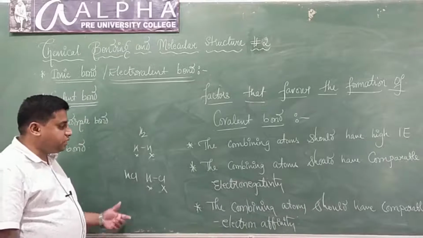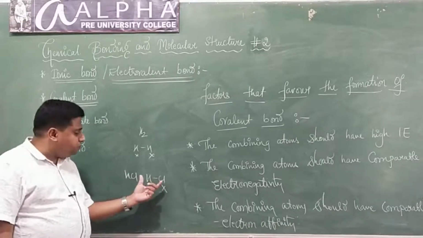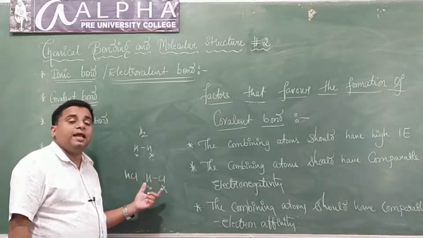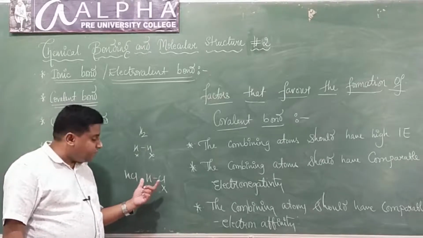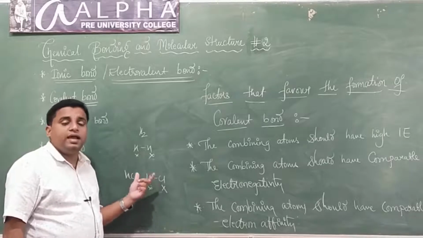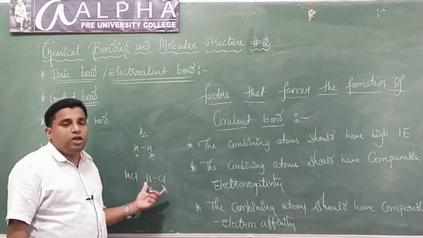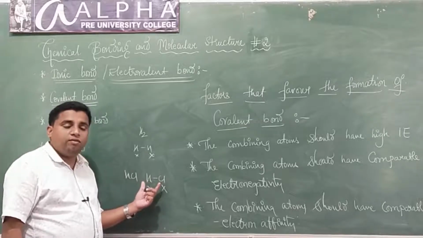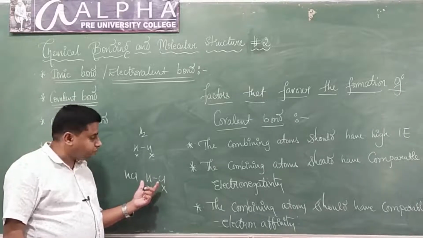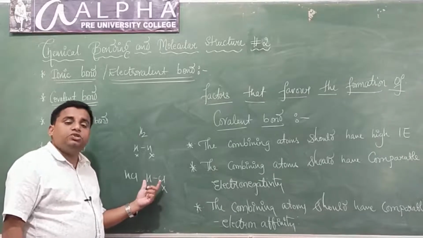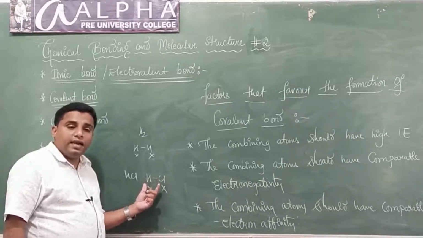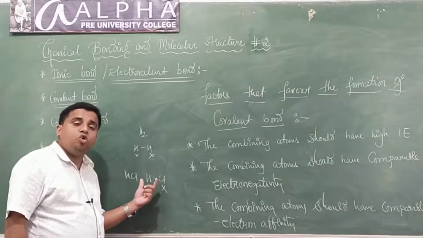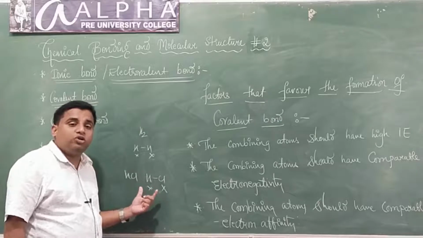What do you mean by this? They should have almost the same, equal electron affinity. One thing, both combining atoms should have high ionization enthalpy. The other is they should have almost the same electronegativity, and the next is they should have almost equal electron affinity.